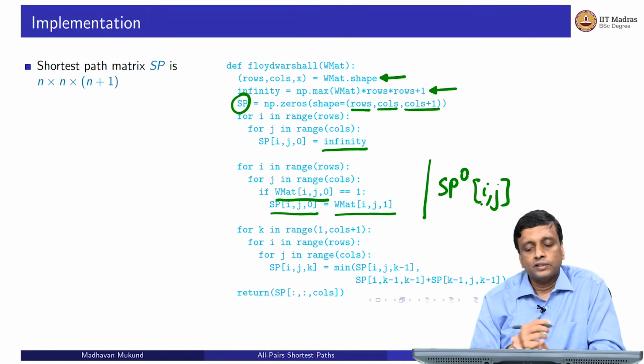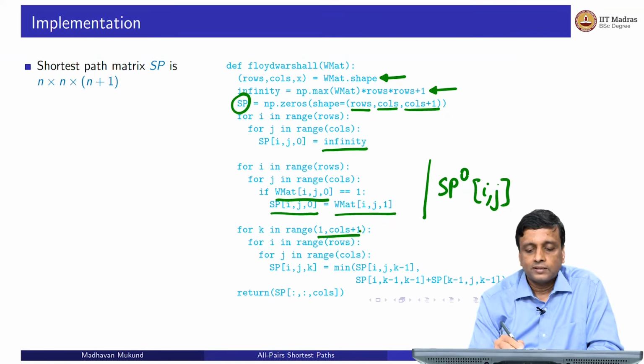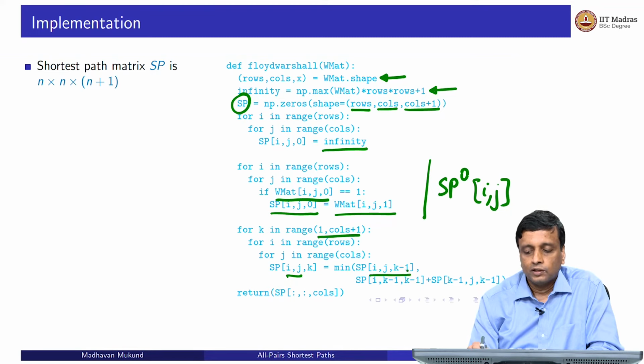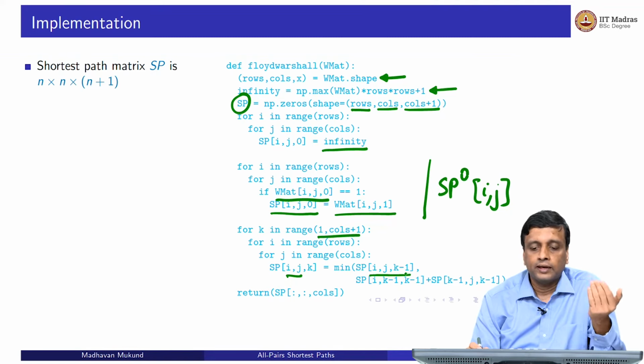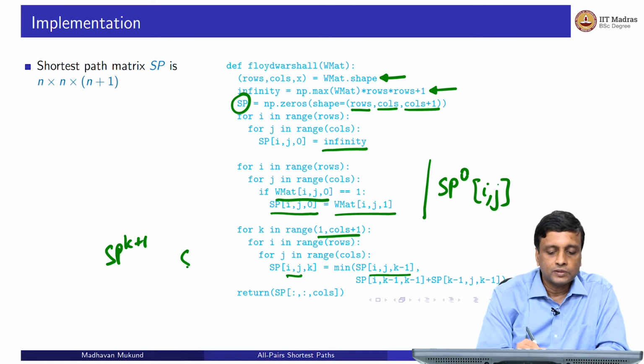And now we just do this very trivial iteration, right? So from 1 to k, or 1 to n rather, right? We just go through every pair i comma j, and for every k we just say what the equation said, which is either we keep the shortest path. Remember, there it was in terms of k plus 1 and k, here in terms of k and k minus 1. So it's just a slight shift of notation. So there we talked about SP k plus 1 in terms of SP k.